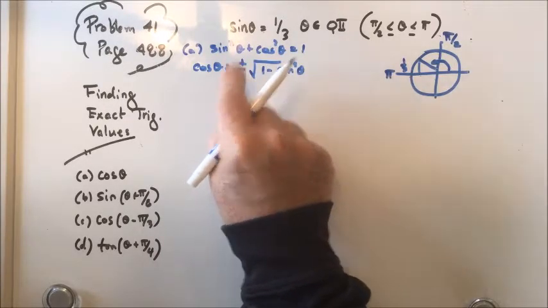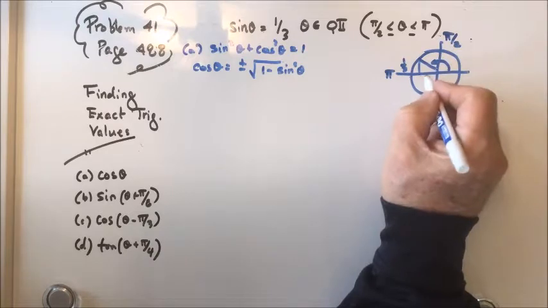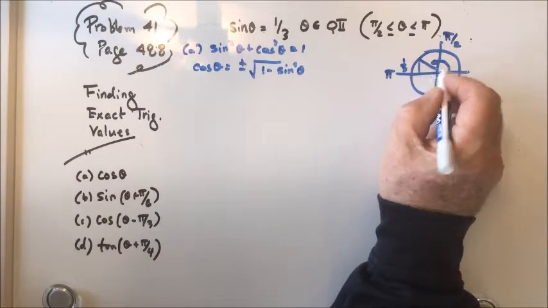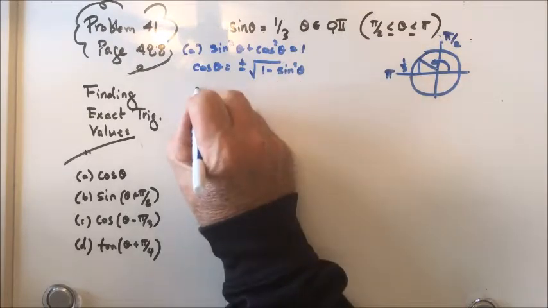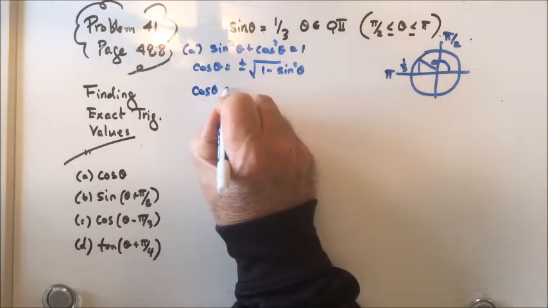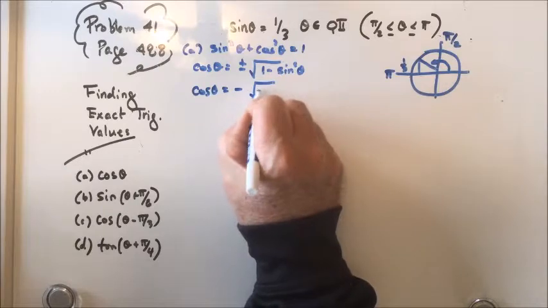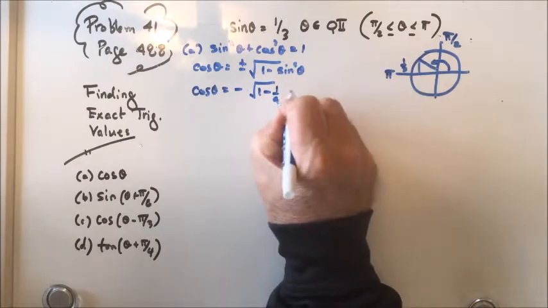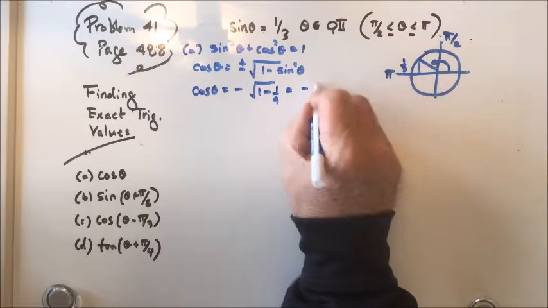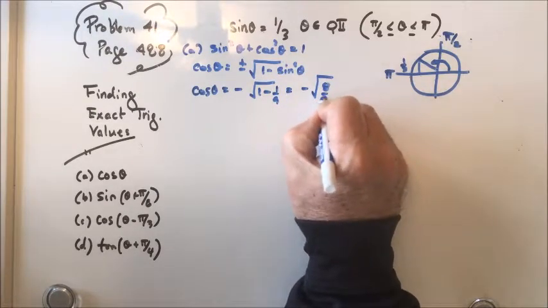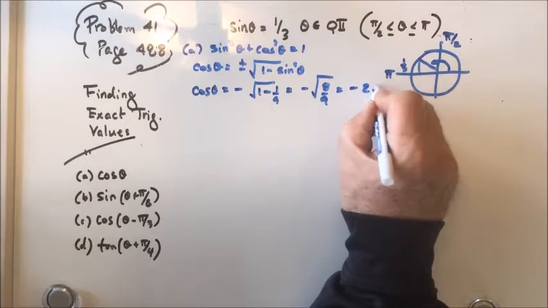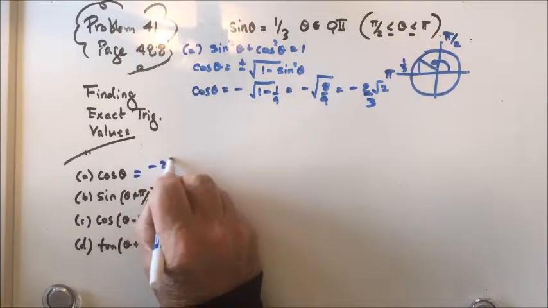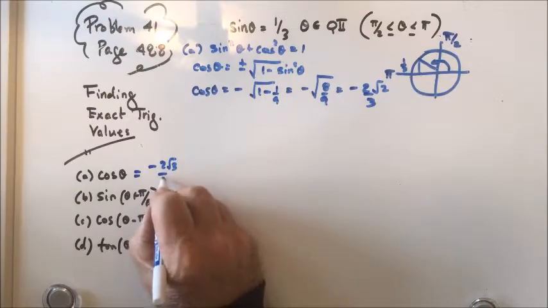And the way we discriminate between those two is we look back over here and say, the cosine that we're looking for is negative. So I'm going to put 1/3 in here, and cosine theta is equal to minus the square root of 1 minus 1/3 squared, which is 1/9. This is minus root 8 over 9, that's going to be minus 2 root 2 all over 3. And I'm going to put that right there, and we are going to march on.